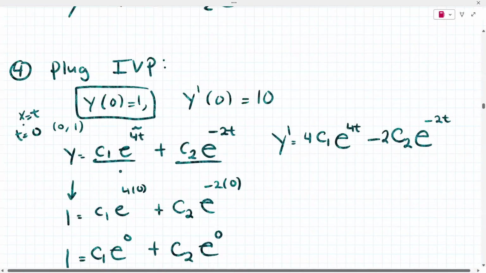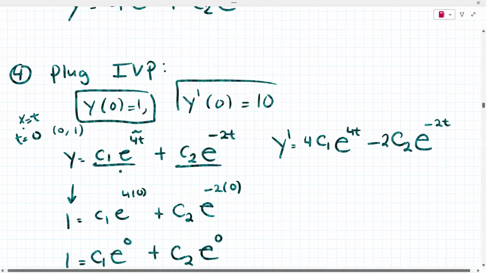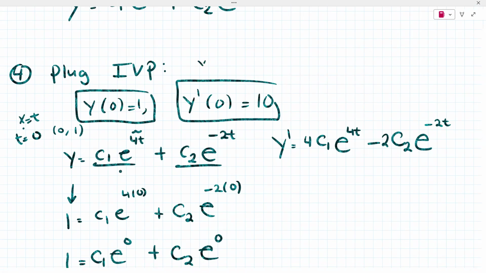Now let's put in our other initial condition. Your y prime is 10 and your t value is 0. So I'm going to replace y prime with 10, and then I'm going to replace the t value with 0.